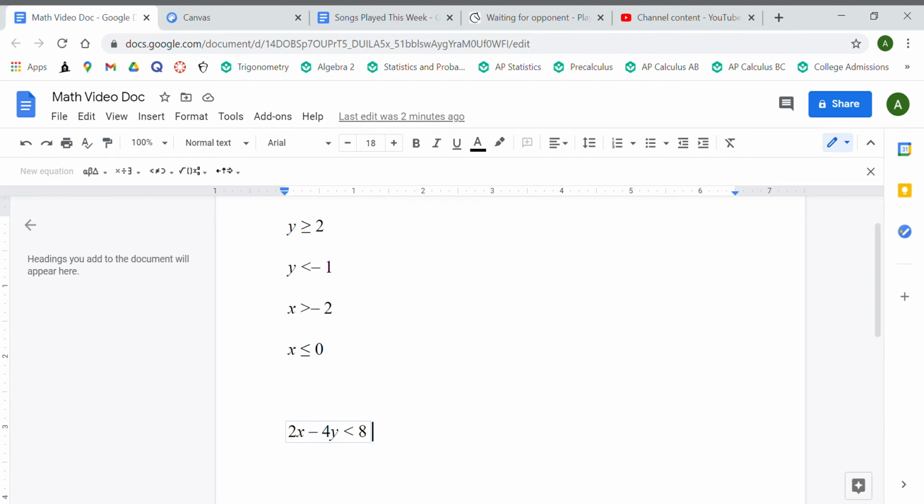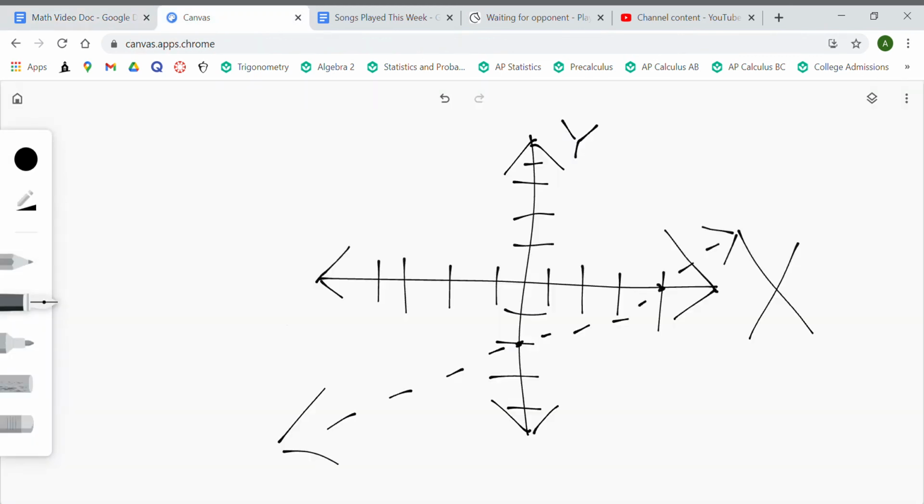Alright, so now we got a less than sign. So do we think we need to shade above or below the line? Well, I'm going to show you what it is.